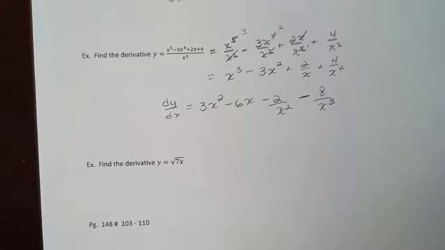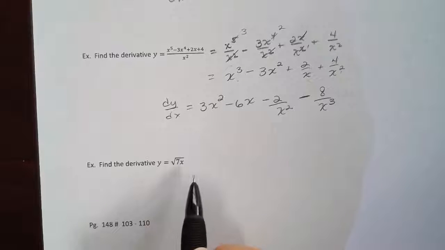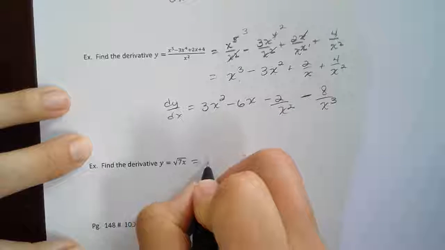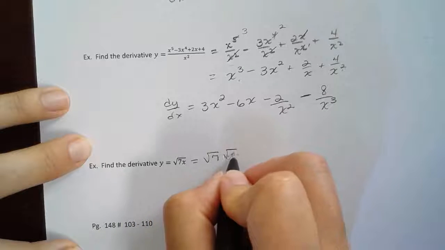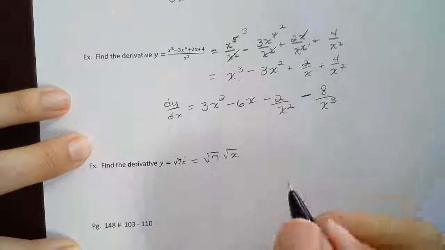Now, for the radical, y is equal to the square root of 7x. If you remember the rules of radicals, if you have a product, only a product, not a sum or difference, inside your radicand, it comes from the product of 2 radicals that have the same index. So in other words, this is equivalent to the square root of 7 times the square root of x. Square root of 7 is just an irrational number, so it's just the coefficient.